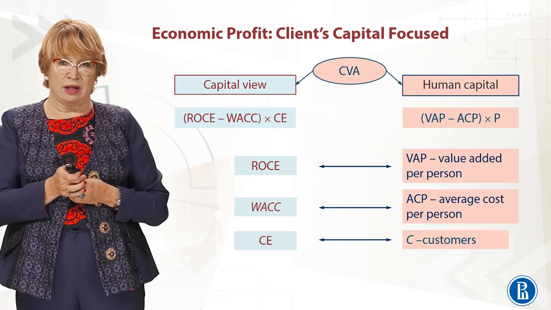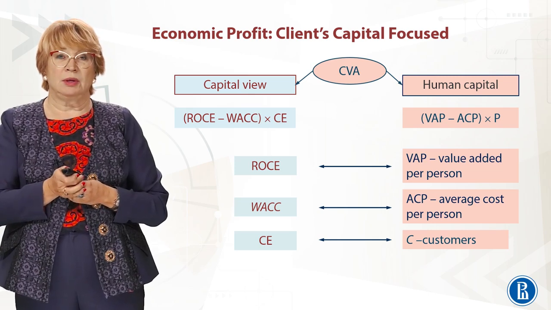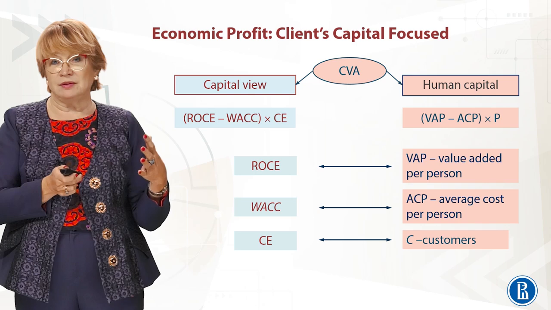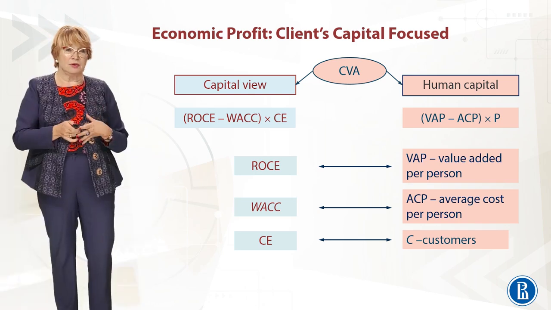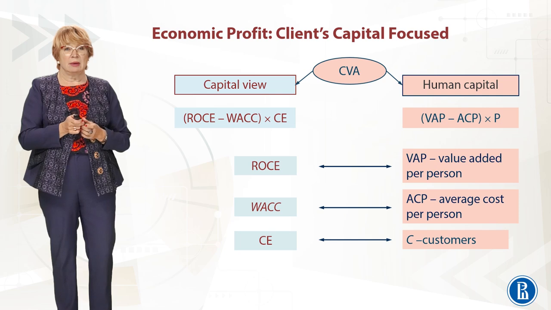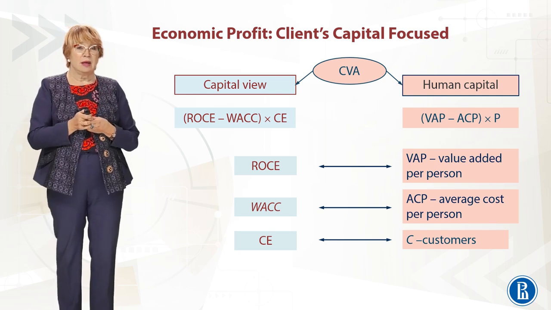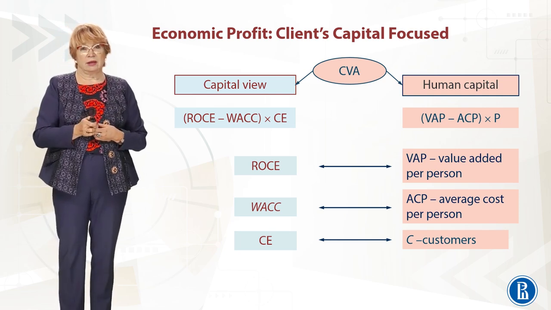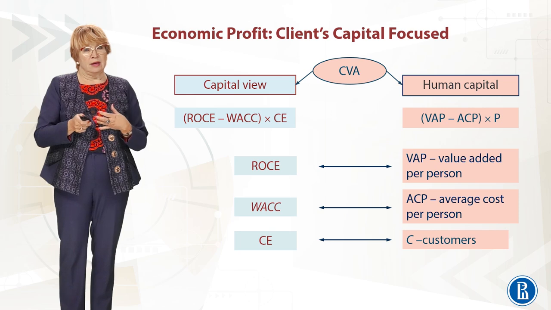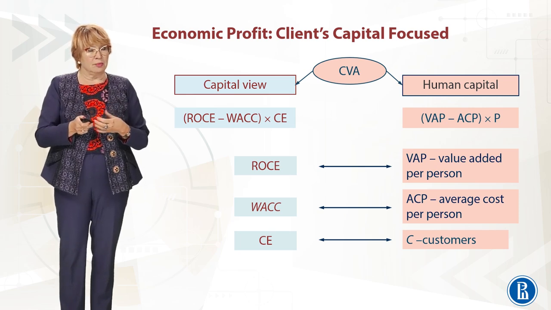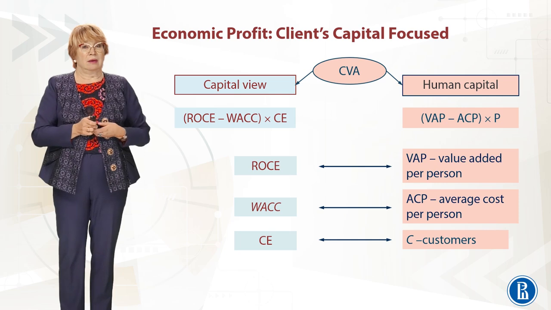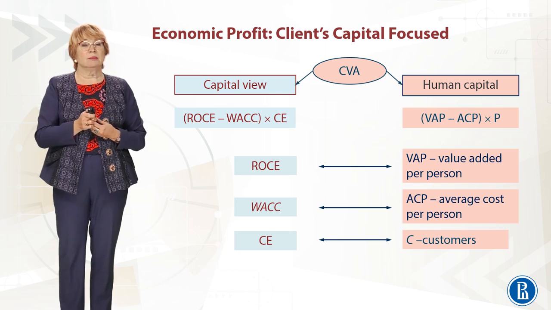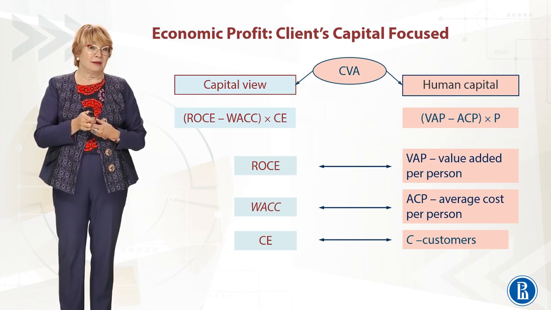So the cash value added could be computed as, on the left side of that equation, a regular residual income calculation, but it's better if we represent cash value added through the focus on the clients for the companies which have a large proportion of customer costs inside their cost structure.